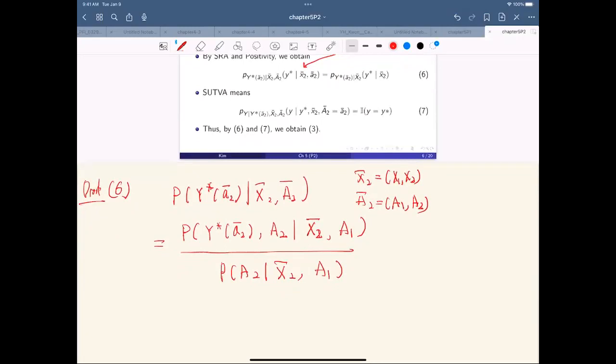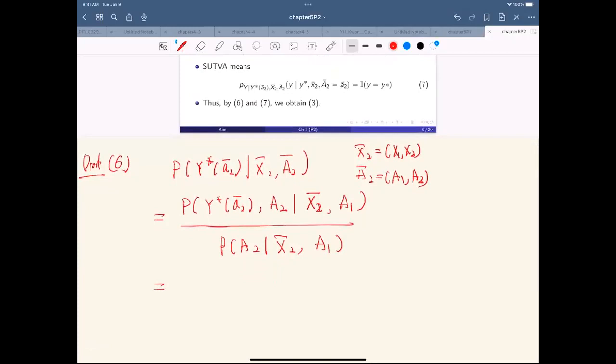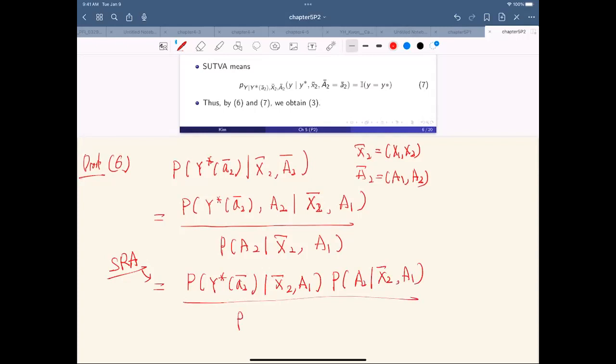So this one itself is Bayes, right? This one does not use any assumption at this point, just Bayes. But then the sequential ignorability assumption. So this is basically the sequential SRA, or sequential ignorability assumption, that the potential outcome is factorized.